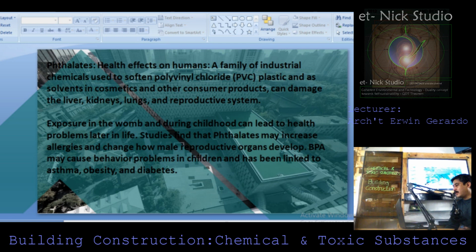Phthalates, health effects on humans. A family of industrial chemicals used to soften polyvinyl chloride, or PVC, plastic, and as solvents in cosmetics and other consumer products, can damage the liver, kidneys, lungs, and reproductive system.